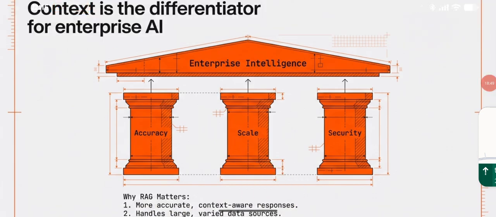So the four pillars of retrieval augmented generation, and how it helps intelligence at the enterprise level, are like this. It makes it accurate: the information is retrieved from the documents, and those documents are replaced from time to time with newer versions and newer policies. It can be used at a large scale with the help of databases like Pinecone and graph databases.